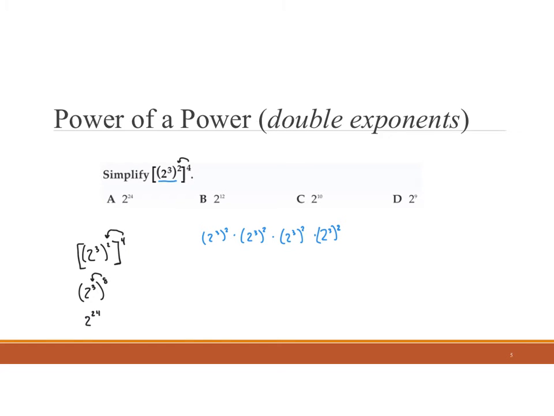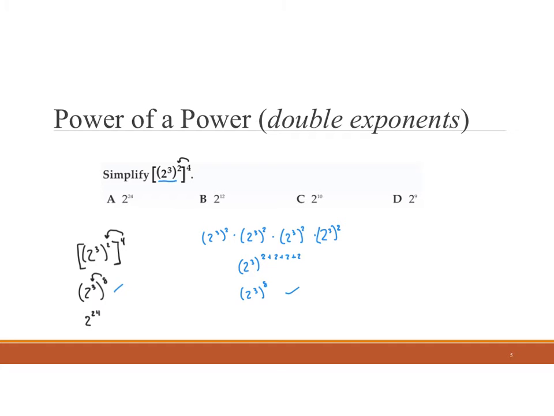Okay, now my base is going to remain the same, and I'm just going to add up my exponents. Base stays the same, you're adding your exponents. So I now have 2 cubed, because that's my base, that's what's inside the parentheses, to the 2 plus 2 plus 2 plus 2. Okay, so far so good.